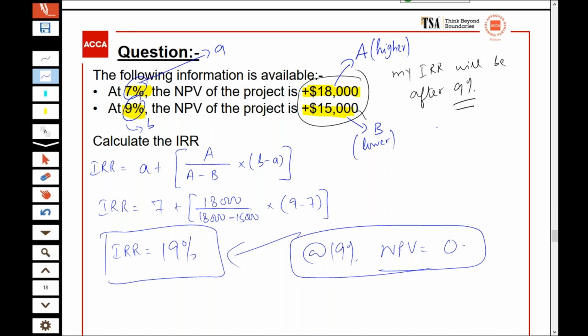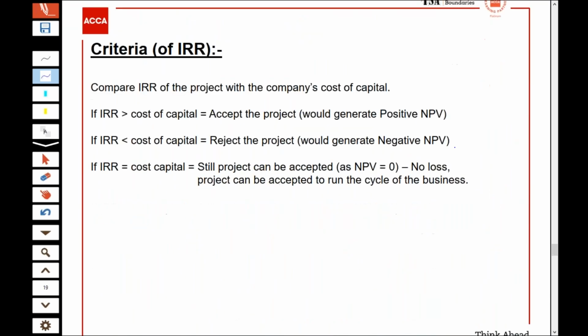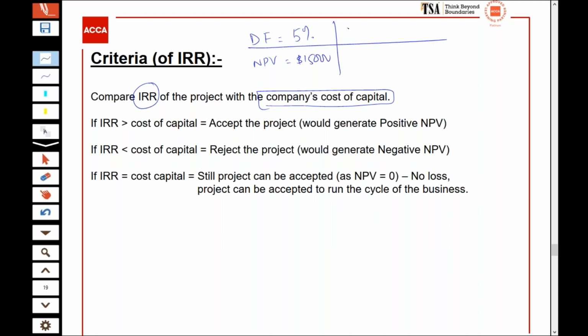Now what is the decision making criteria for IRR? Compare IRR with the company's cost of capital. For example, at 5% discount factor the net present value is 15,000. At 7% the NPV is plus 9,000.